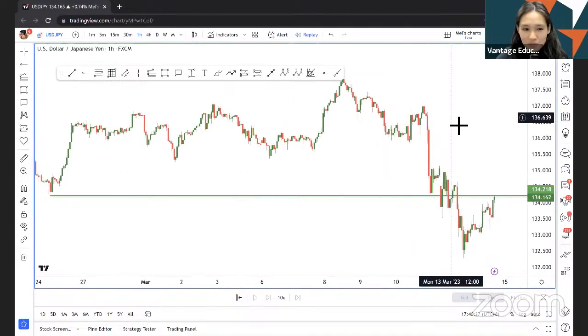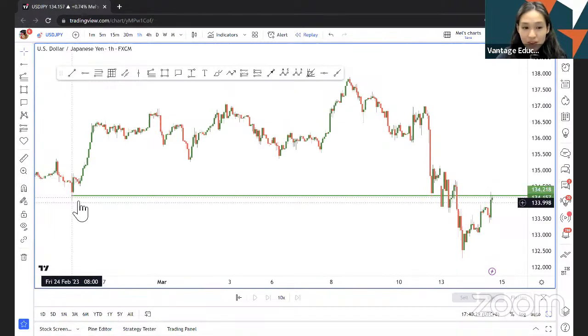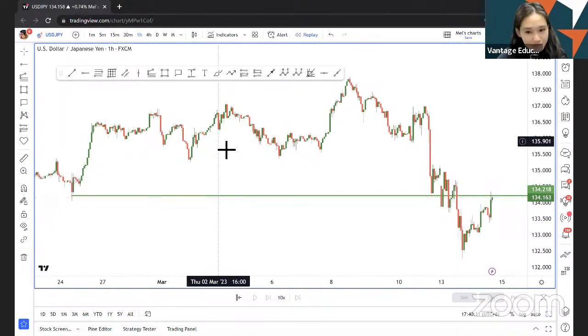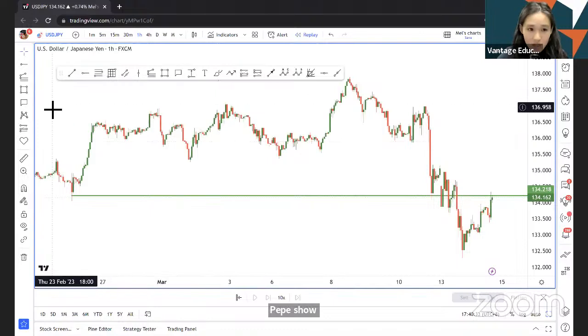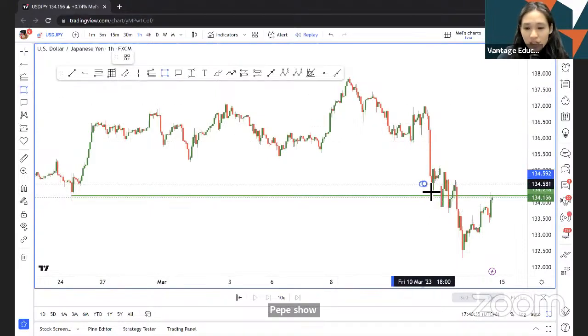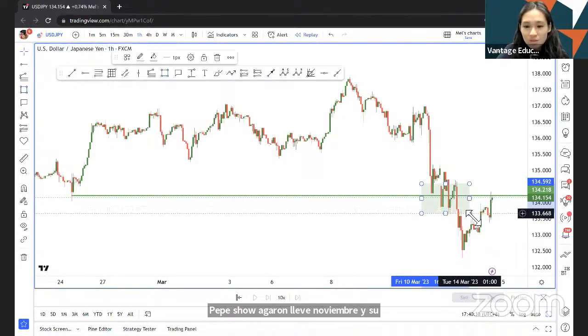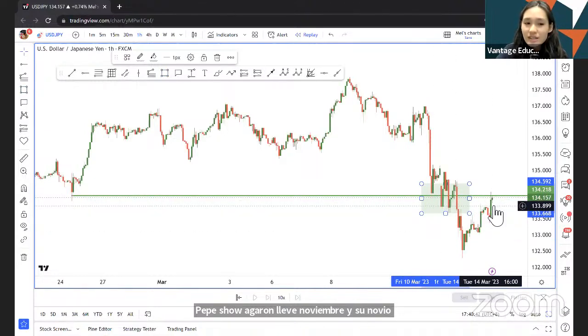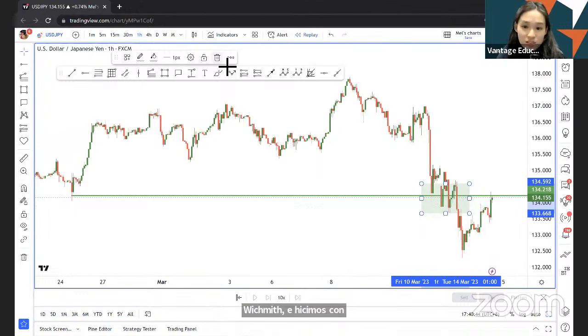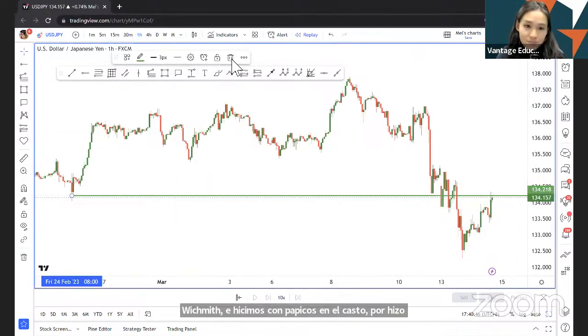Even though we have a swing low over here, which makes it a swing low support, it cuts so many candlesticks over here, and it cuts the bodies of the candlesticks. So this is not a clean cut, so we wouldn't consider this a valid support level.